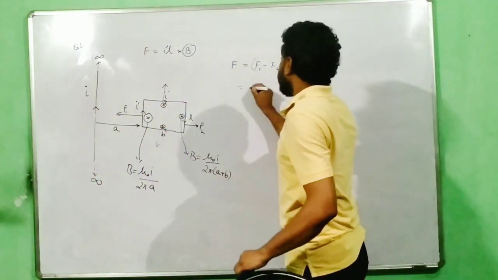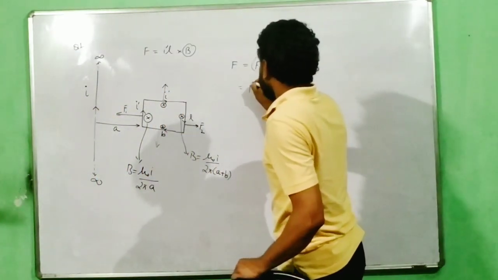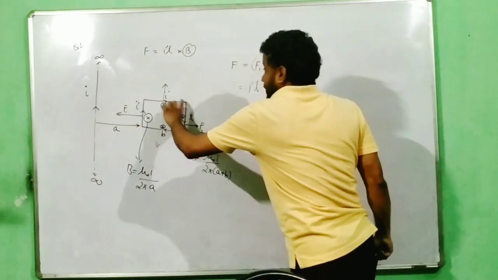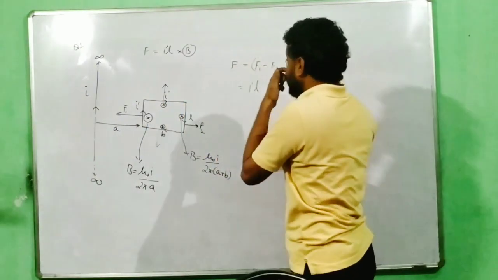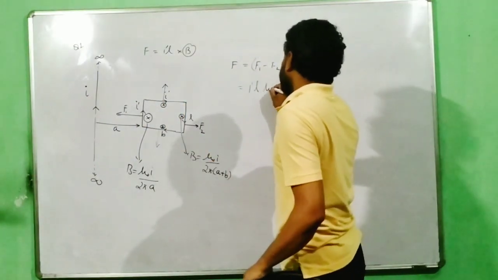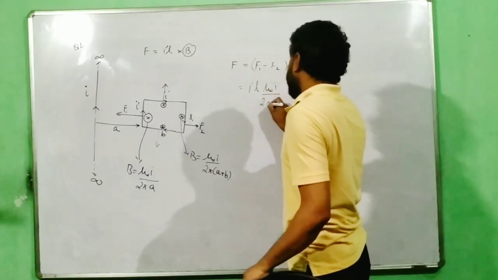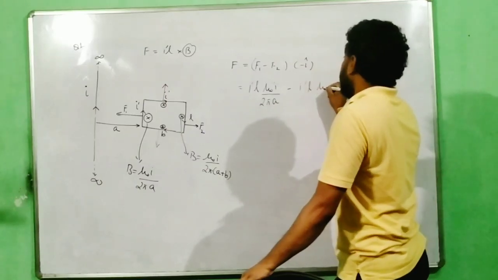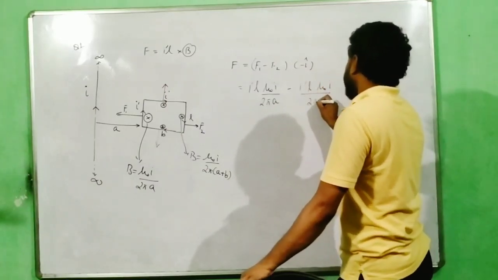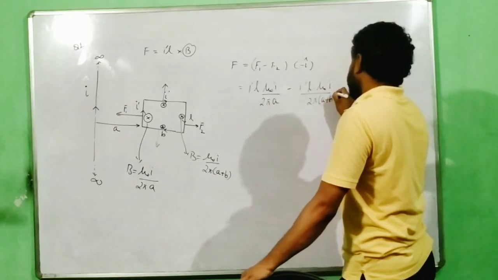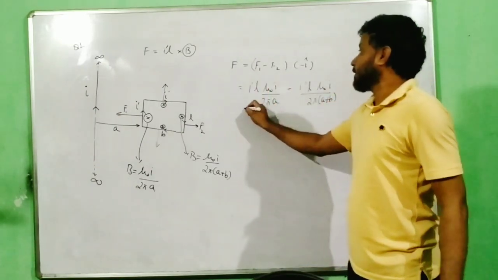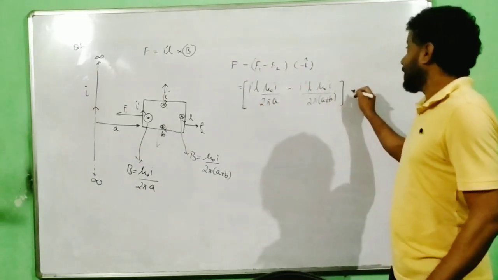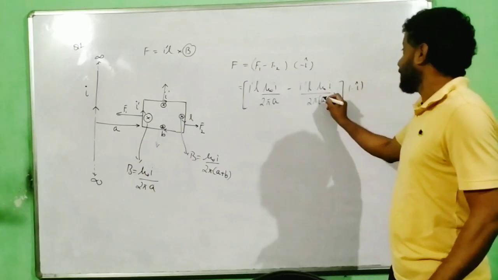F1 is I dash L, the length is L, into B. B is mu naught I divided by 2 pi A, minus I dash L mu naught I divided by 2 pi (A plus B). And the whole thing will have a direction equal to minus of i cap.